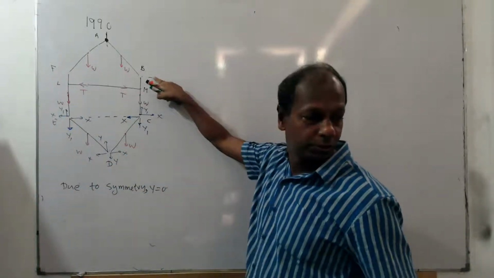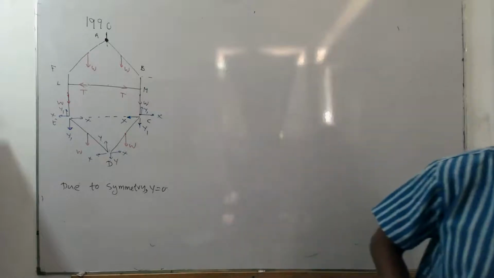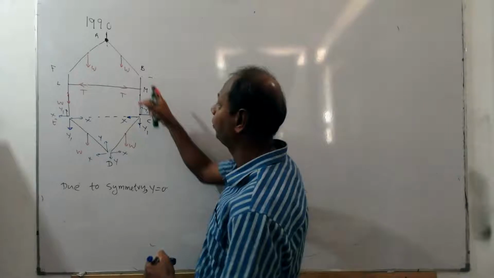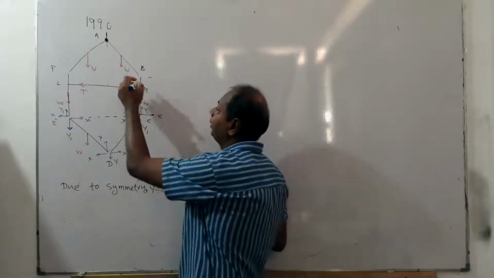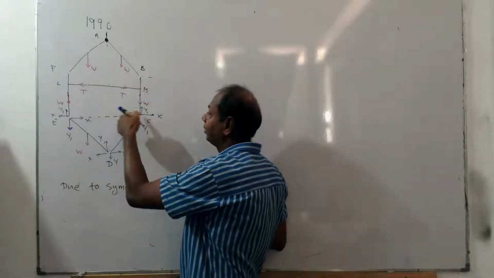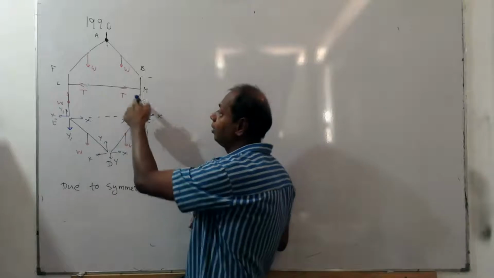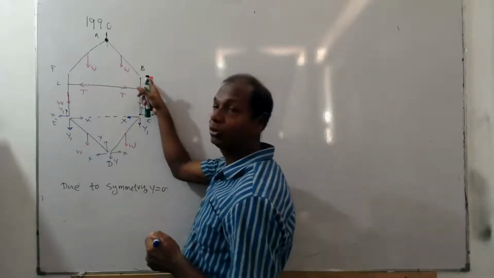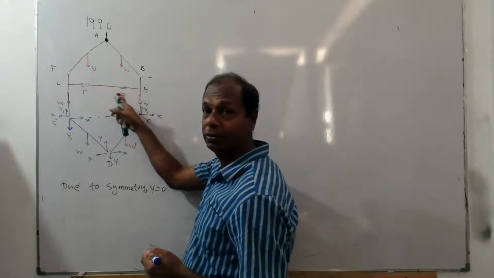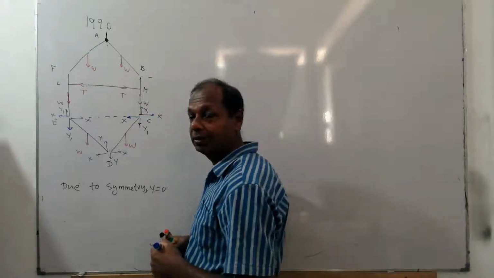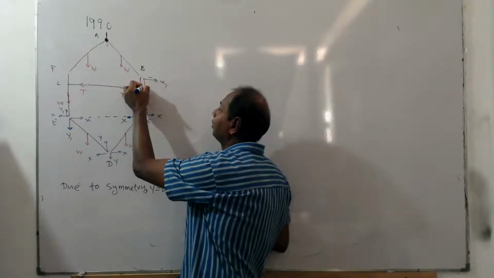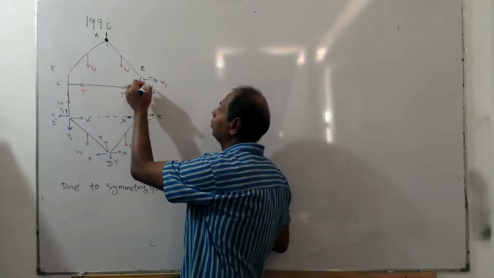Now you come to this joint. It will be x here in this direction, but you can't say the horizontal force at this joint should also be x because there is another horizontal force. So it can be some other, say x1. I'll mark some x1 here, downwards some y2.